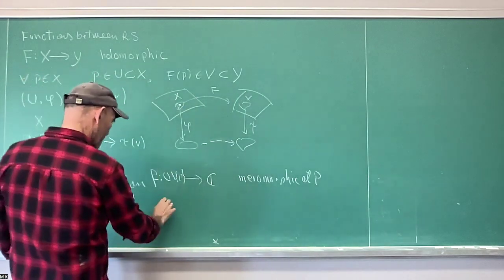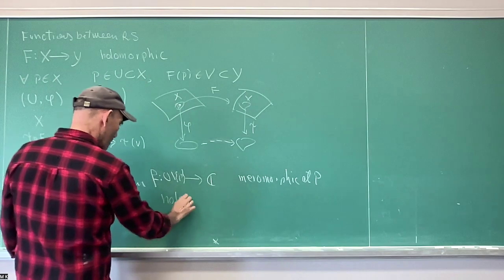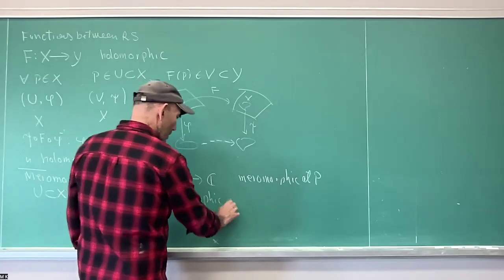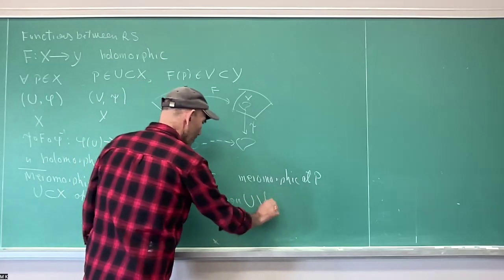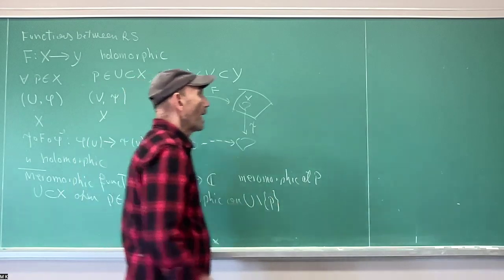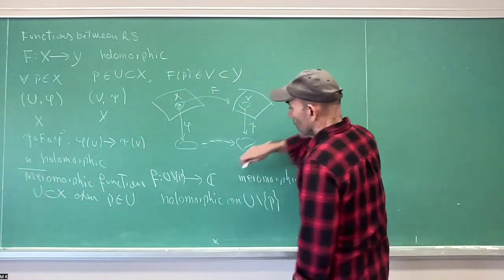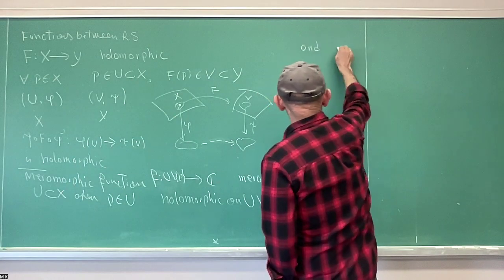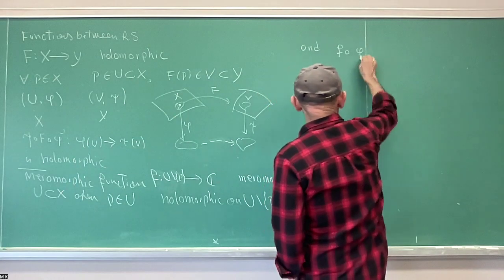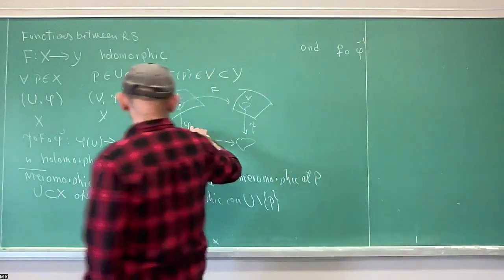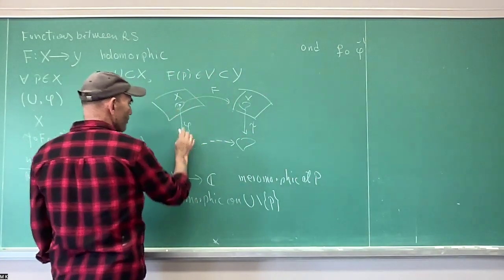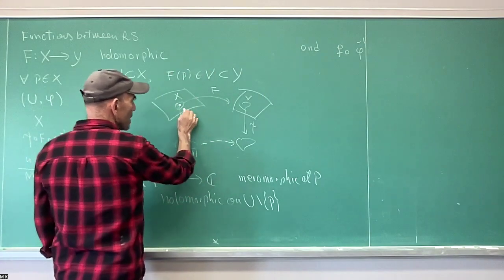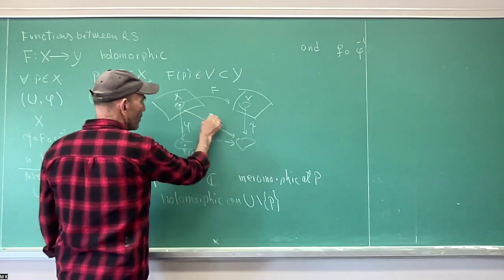So it's holomorphic on U take away p, and if you write it in coordinates, composed with phi inverse, again you just have this coordinate system. So this is something like phi of p. So this is now f, for example.